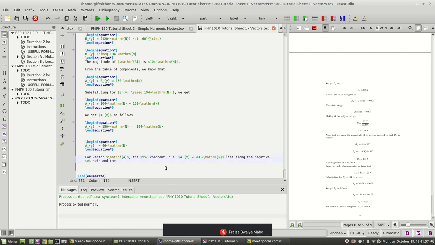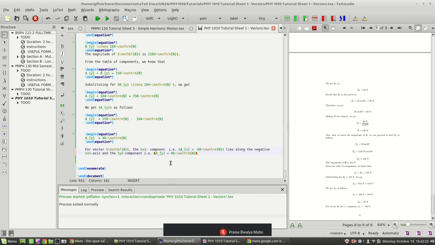And the y component, which in this case is Ay, which we have found to be 46 newtons, is positive, lies along the positive y-axis.